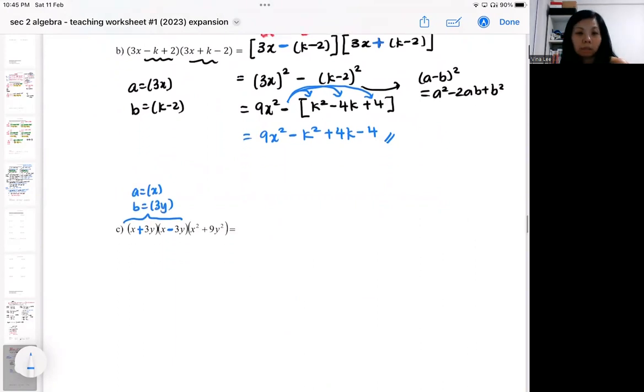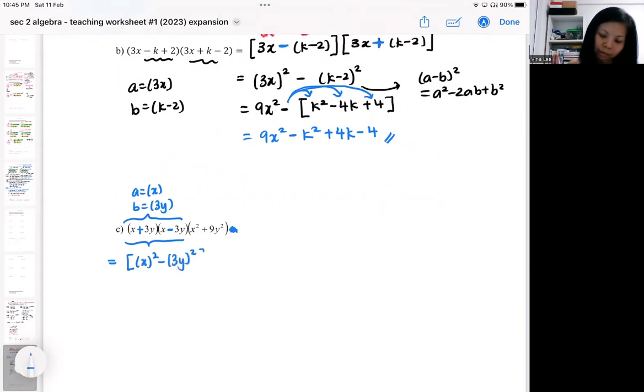What I'm going to do is simplify the first 2 brackets with x squared minus 3y squared. Then the second bracket, I'm going to leave it alone. After that, I'm going to simplify my first answer. This is what I got.